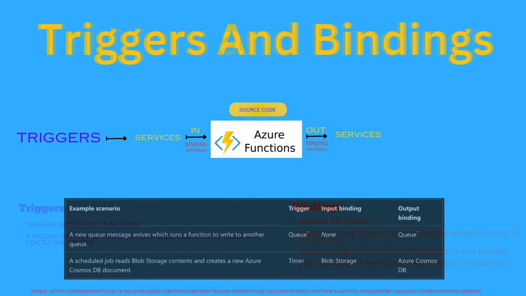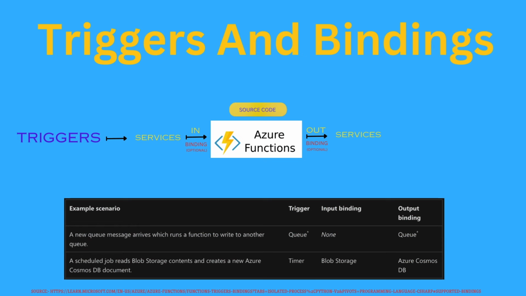Let's understand triggers and bindings with some example scenarios. A message arrives at a message queue, which runs a function to write to another queue. A queue is nothing but a topic on which some data is passed in a microservices environment, and all the subscribers of that particular topic can read the data present on that topic.